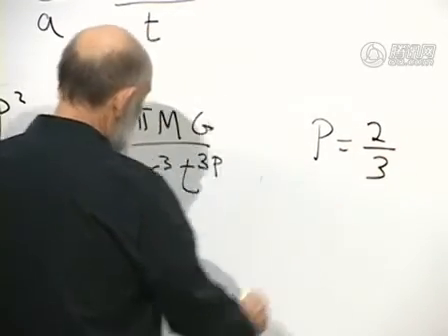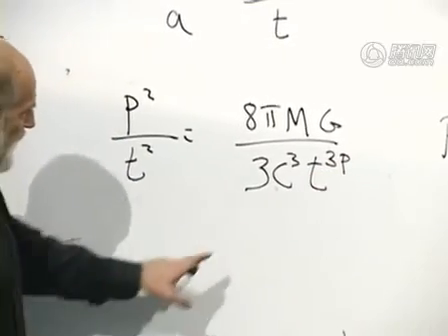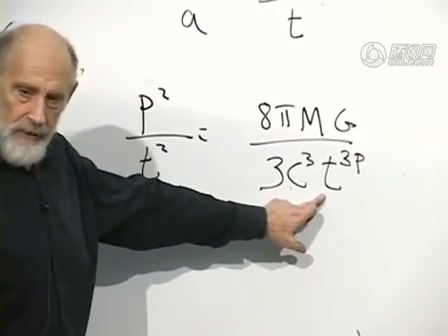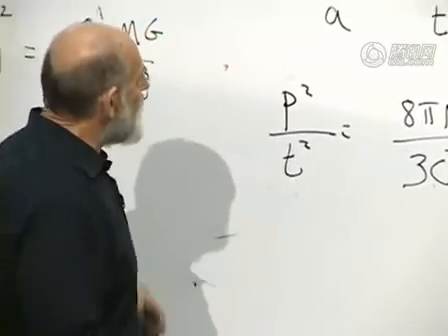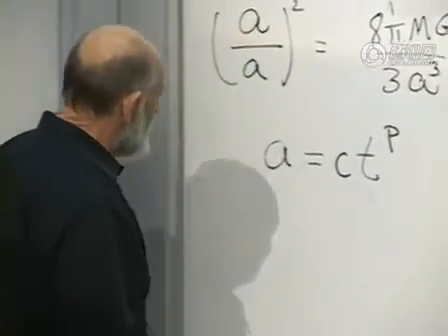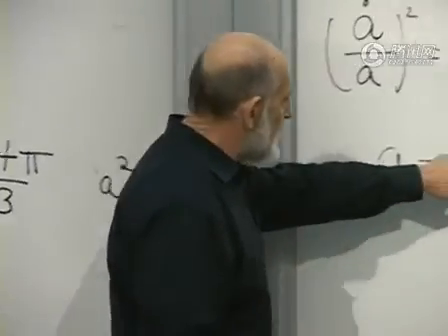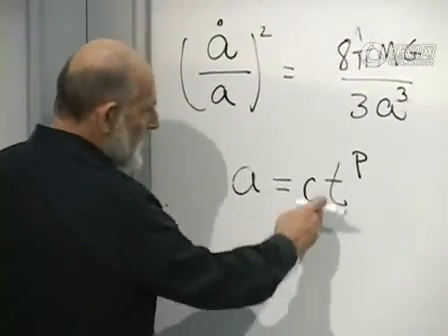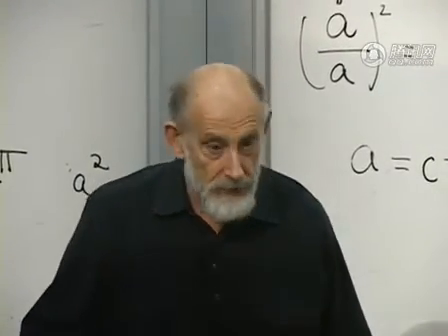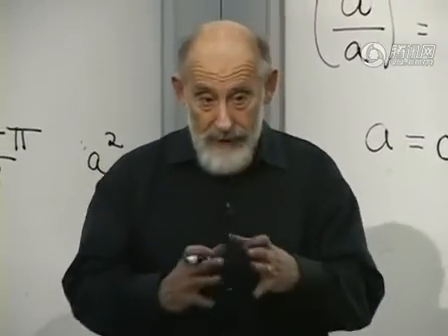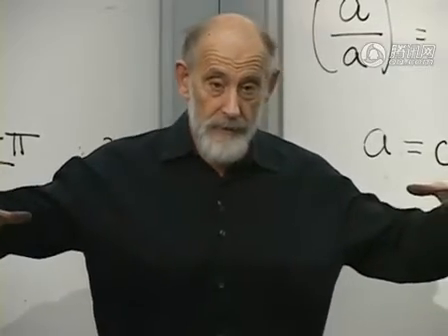If P is 2/3, then what appears here is just T squared in the denominator, same as the T squared here. So that's the first piece of information we learn, that the universe expands as the 2/3 power of time.